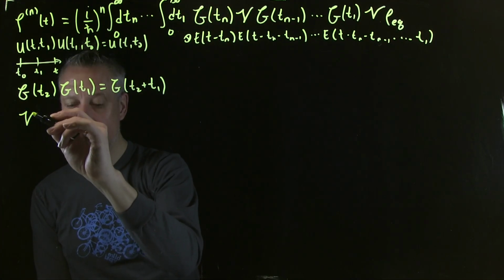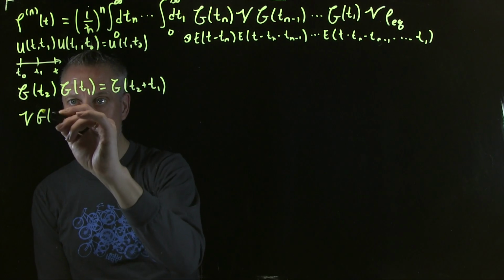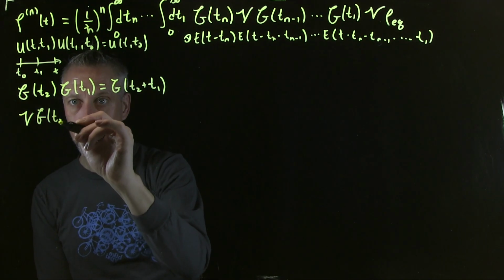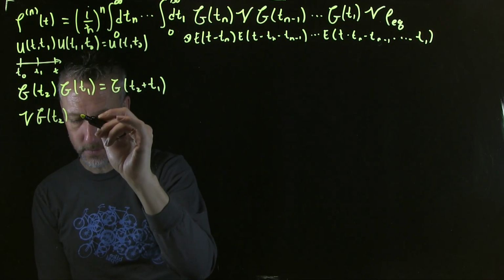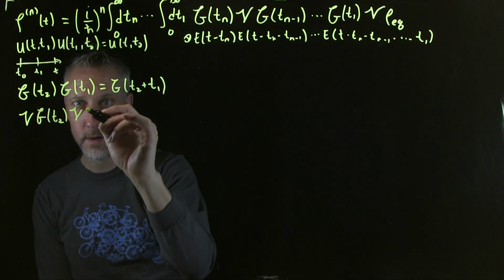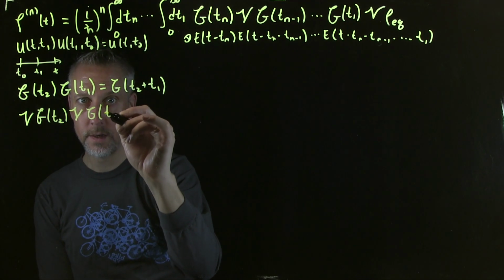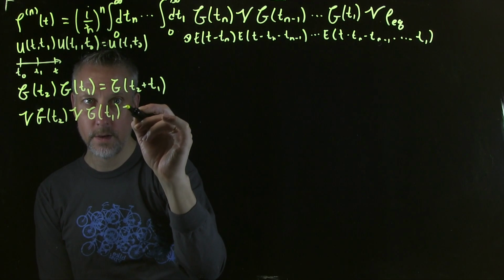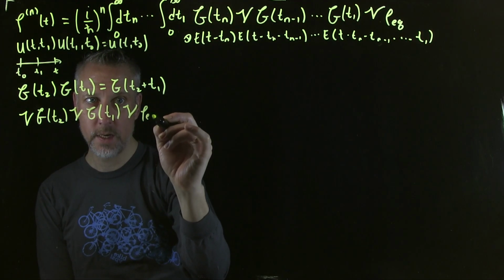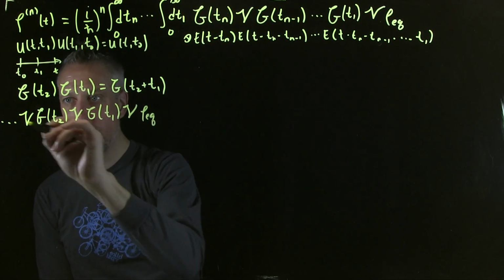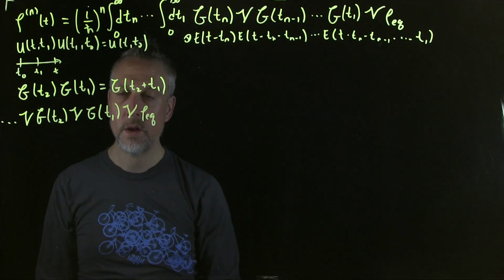The last terms will look something like exactly V, curly G(t2), V, G(t1), V, rho equilibrium. Dot, dot, dot, all that stuff before.